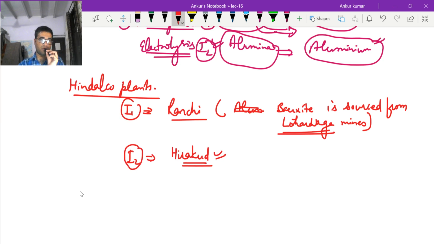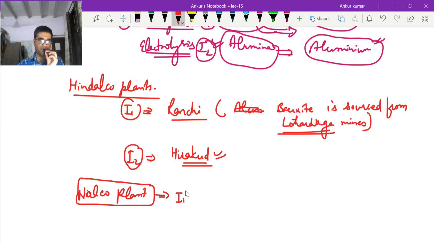Moving on to the Nalco plant. In Nalco plant, I1, that is the bauxite, is sourced from the Manjodi mines or from Koraput. For example, the Manjodi, Panchpatmali mines, more particularly the Panchpatmali mines.